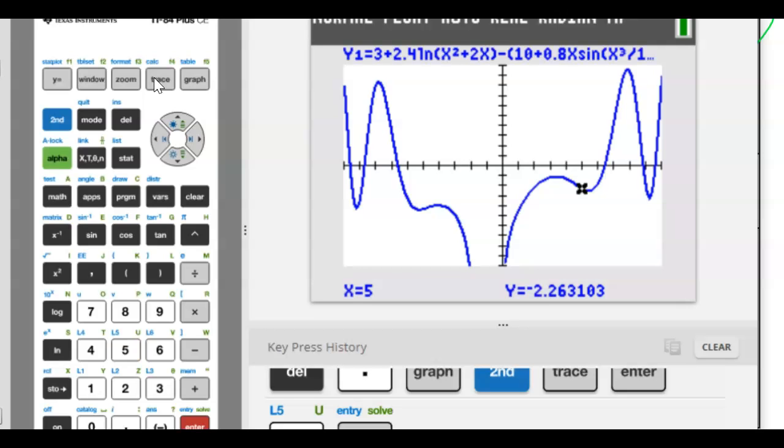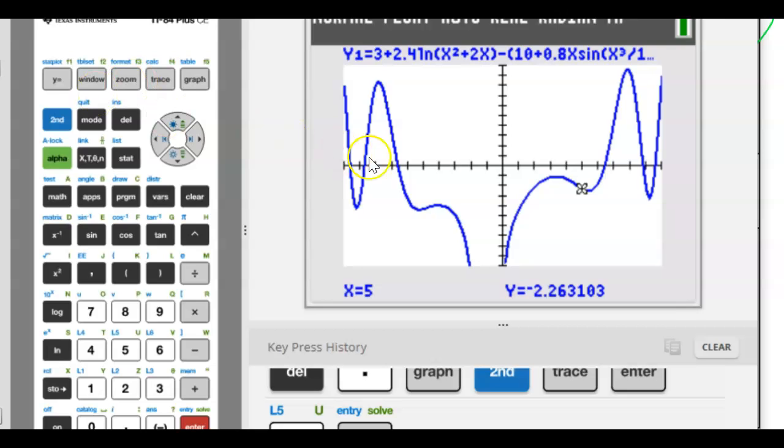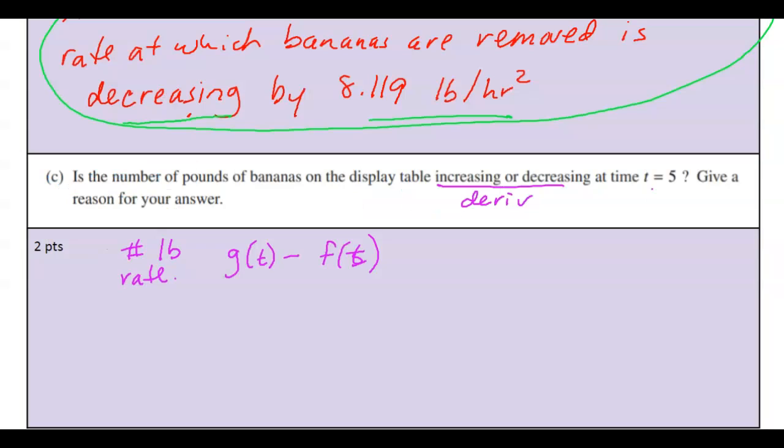Okay, so I got negative 2.2631, which is negative. All right, so we know that g of 5 minus f of 5 is negative 2.2631.